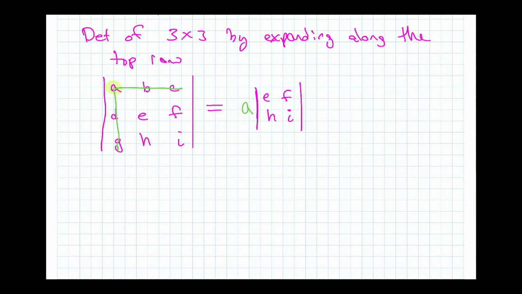After you do that, that's the A done, so you move on to the B. You cross out the row and the column that the B comes in, and you end up with minus B. It's just a minus because I say so at this point.